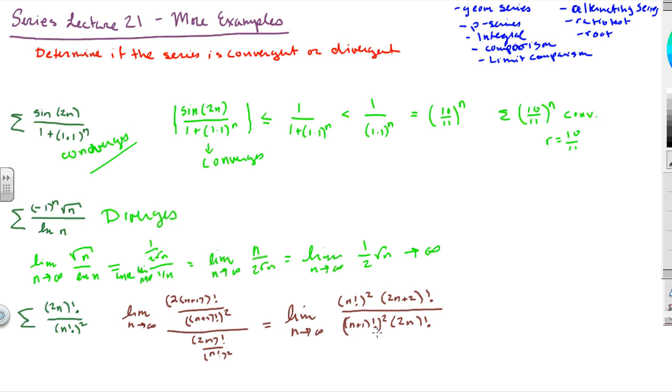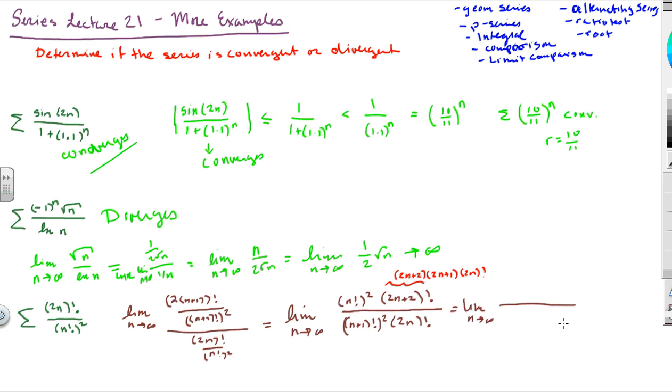Okay, so we can simplify. Remember, n plus 1 factorial is n plus 1 times n factorial. So we can cancel an n factorial from each of those. There's a squared, but we can cancel it from each of them. So in the denominator, we're going to get an n plus 1 squared. And notice, 2n plus 2 factorial is equal to 2n plus 2 times 2n plus 1 times 2n factorial, right?